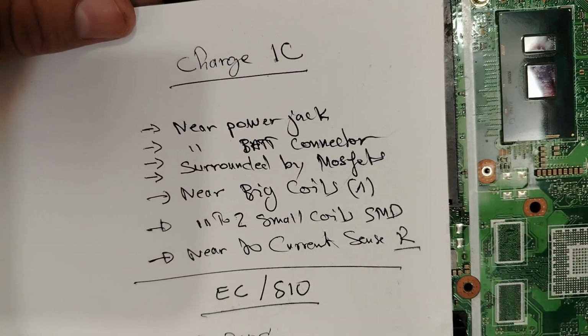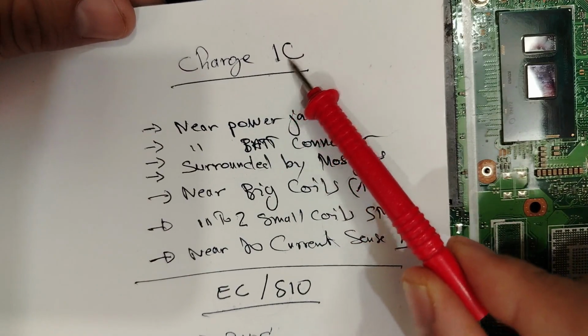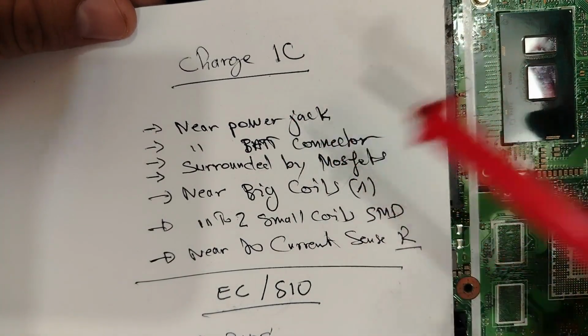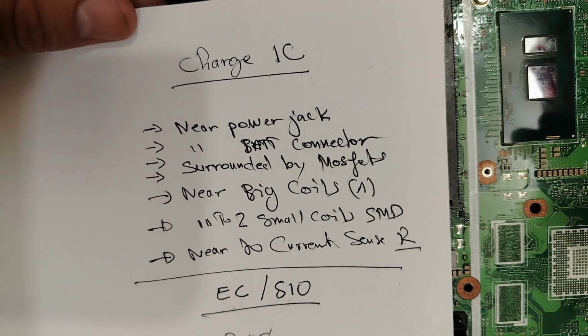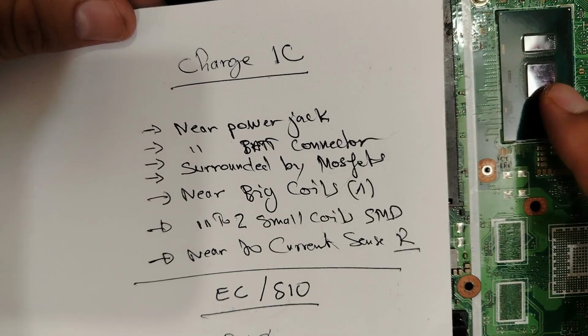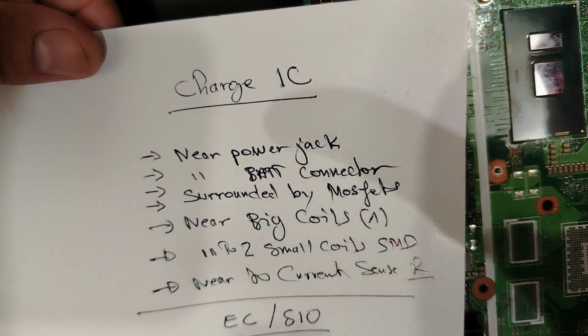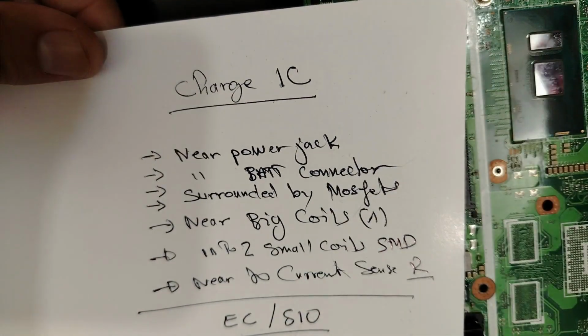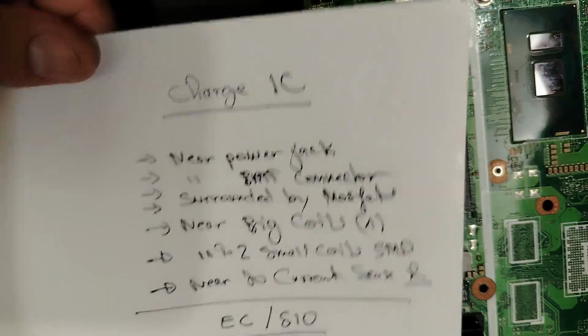We have seen in a previous video that to identify the charge IC, you have to look for the power jack, the battery connector, the MOSFETs, coils, current sense resistor, etc. But in this video, I'm going to teach you the 3V, 5V IC, the CPU IC, chipset IC, RAM IC, etc. So let's get started.